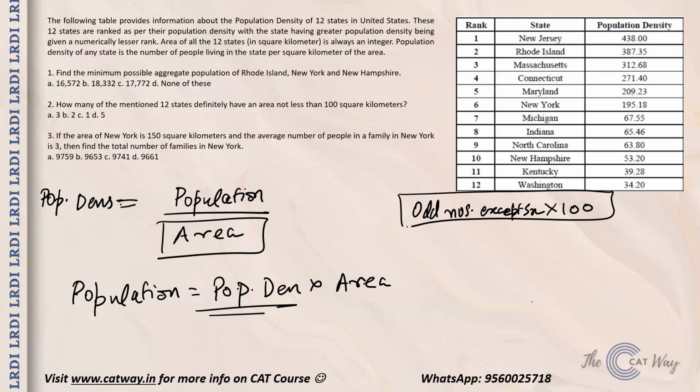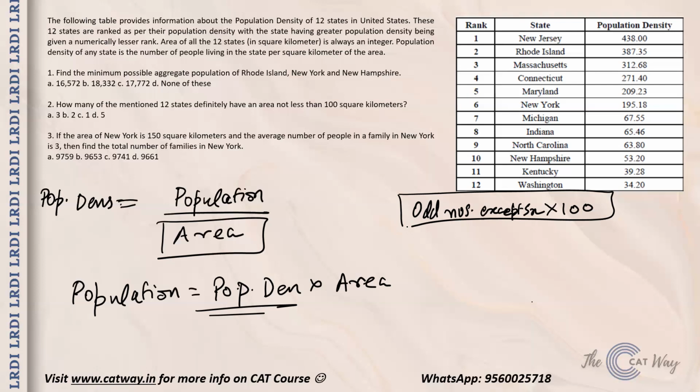Second thing is, for the states that have an even number which is not a multiple of 4 or a multiple of 10, it needs to be multiplied by 50. You need to multiply it by 50, because let's say it is a multiple of 2. So 2 multiplied by 50 gives you an integer.